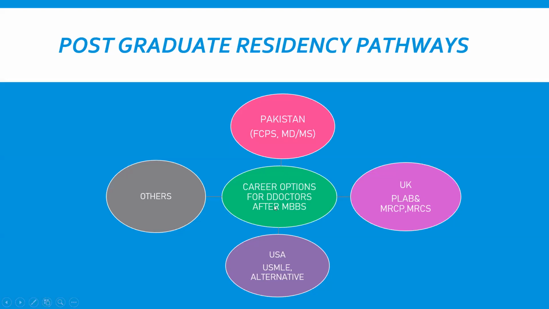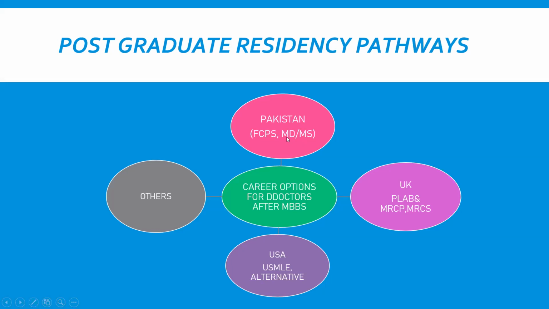So we have career options for doctors after MBBS. You have options in Pakistan, and there are two options in Pakistan. One is FCPS, which is Fellow of College of Physicians and Surgeons. This is a fellowship exam, and then we have the MD/MS option.